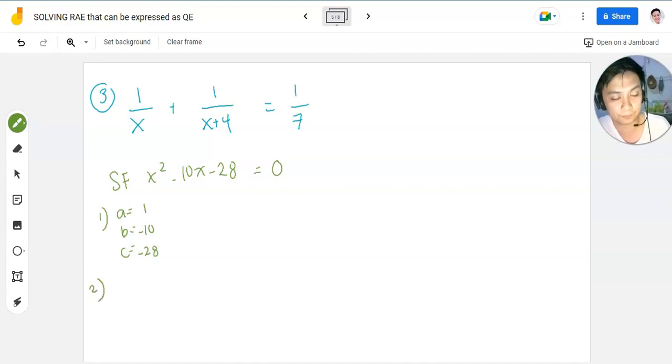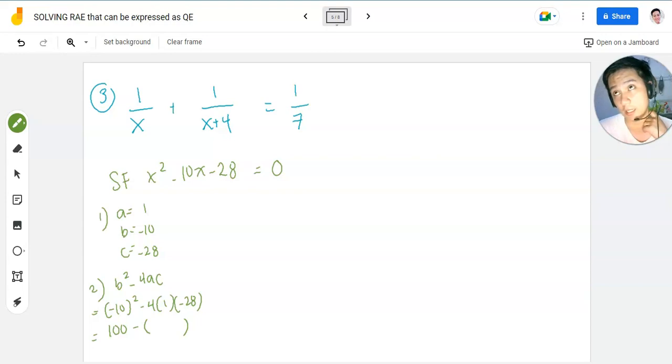Step 2, we have to get the value of the discriminant B squared minus 4AC. So, this is equal to square of negative 10 minus the product of 4, 1, and negative 28. So, square of negative 10 is 100 minus, okay, 4 times 1 is 4 times negative 28.